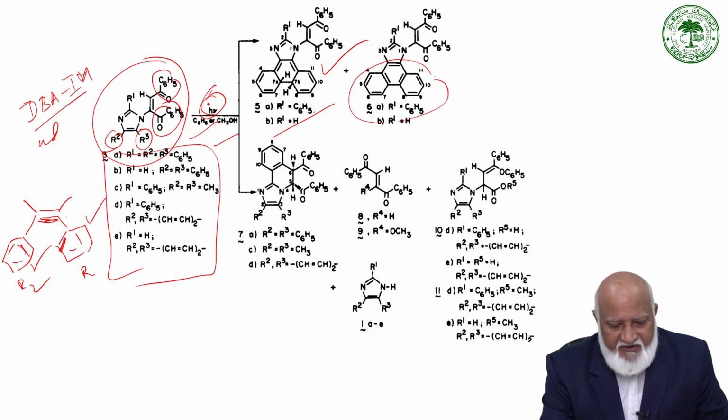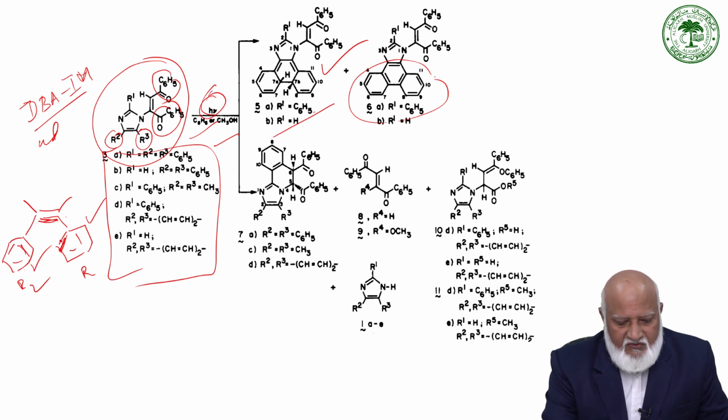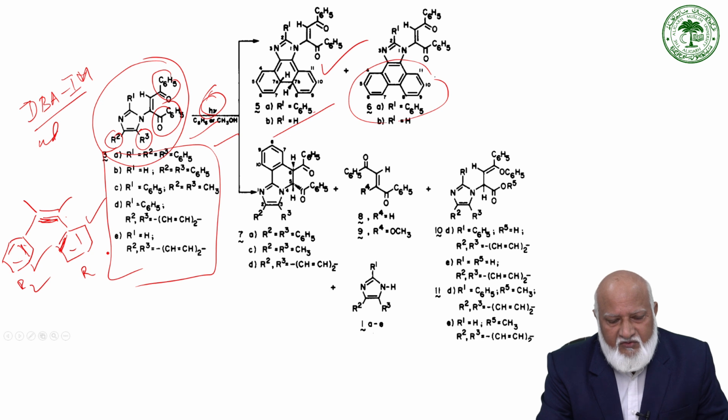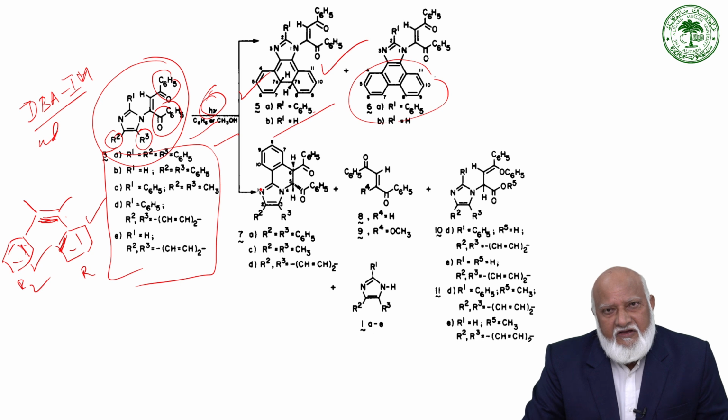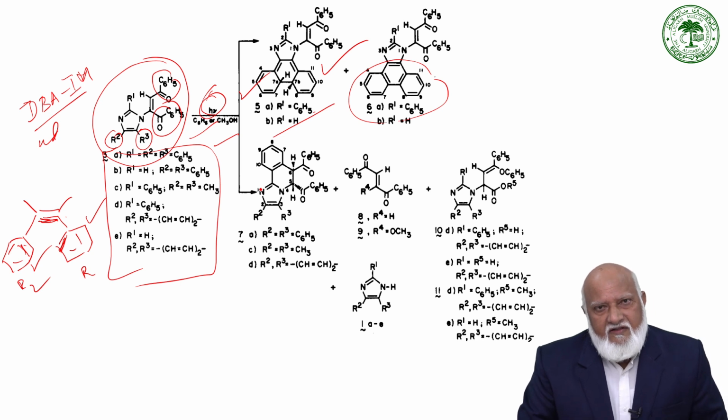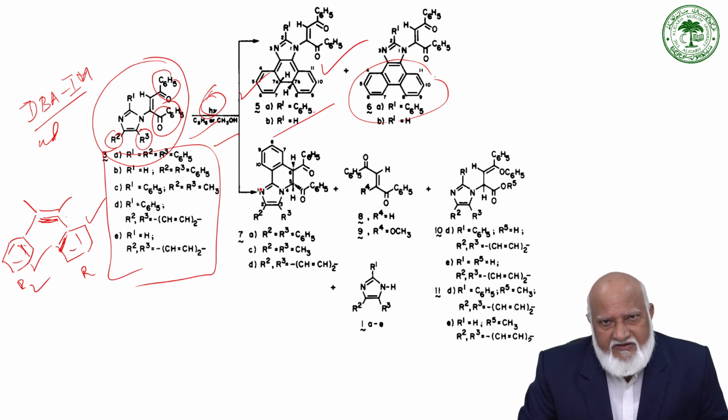group. Under photolytic conditions it undergoes 2, 4, 6 pi electron cyclization to give this, and this 6 pi electron cyclization we have already seen earlier during the photochemistry of E and Z alkenes as well.